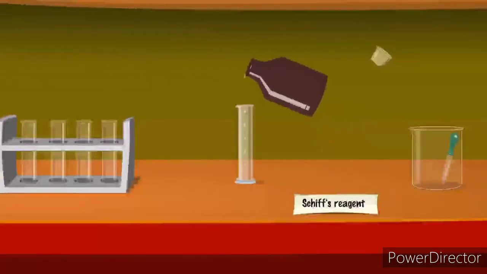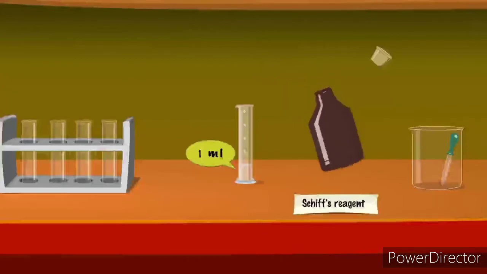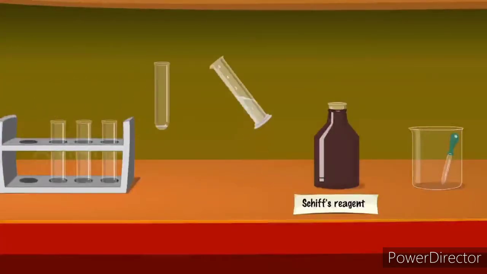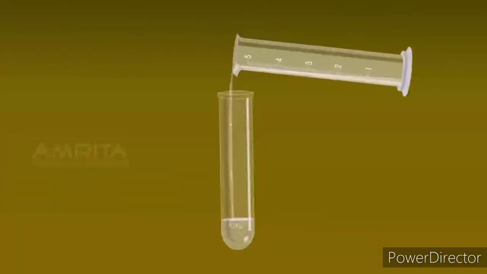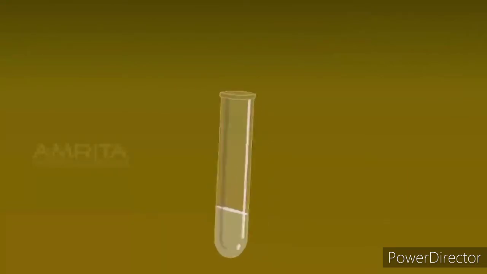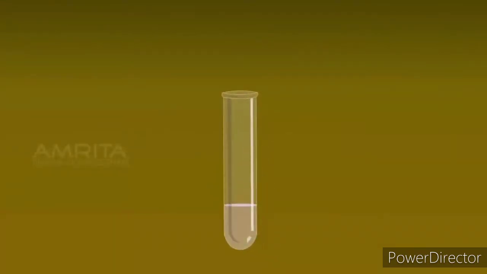Take 1 ml of the Schiff's reagent in a measuring jar. Take the test tube containing organic compound. Pour Schiff's reagent into the compound and shake it. Appearance of pink color confirms the presence of aldehydic group.